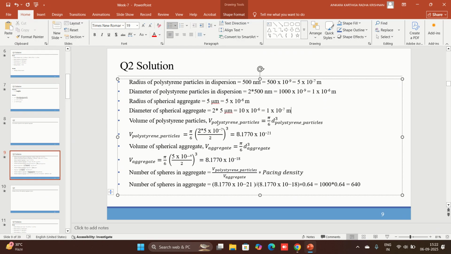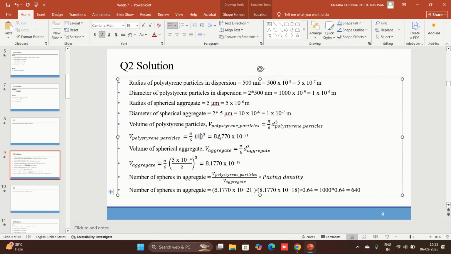So the volume of polystyrene particles is pi by 6 d polystyrene particle cube, pi by 6 dp cube. So here we need to change it. It is 1 into 10 power minus 6. So it is 3.14 divided by 6 into 10 power minus 18.